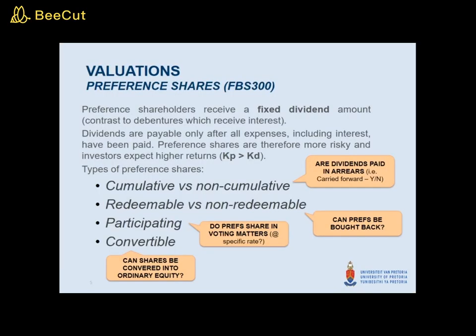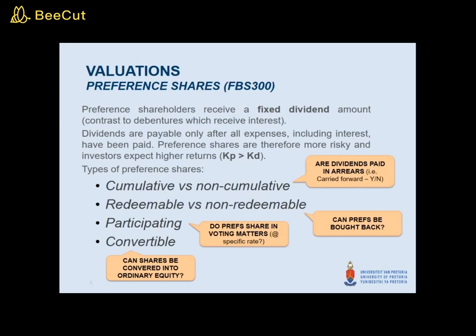Let's do a quick recap of some of the core principles. So firstly, preference shares. Now, the underlying basis of a preference share is that it is the entitlement to dividends for the virtue of holding that particular instrument. However, in order to determine the value, we need to understand the characteristics that underpin that particular preference share, namely whether that share is cumulative or non-cumulative, redeemable or non-redeemable, participating or convertible.